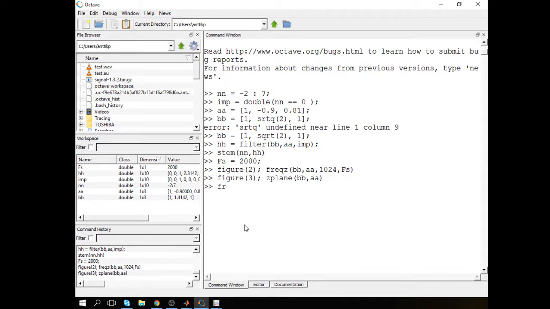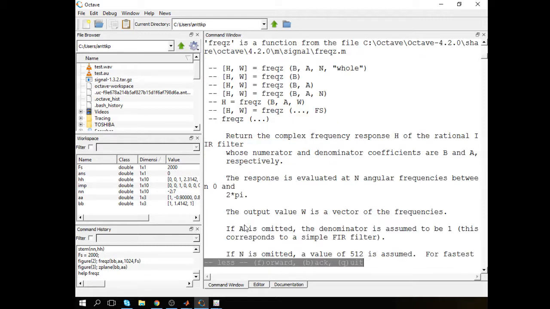Frequency response FR is the same as freqz of BB AA 1024 FS. By the way, let's not do it like that. First, help freqz to see what kind of values I can actually take out from that function. Okay, so if I give it two output values, H and W, then it calculates and returns those values.